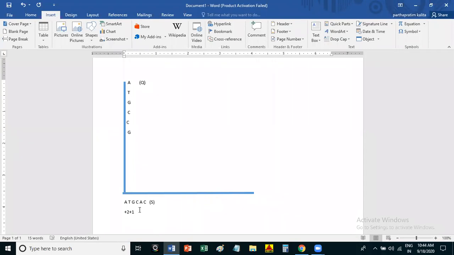In a DNA molecule, guanine and cytosine are always prominent, yes or no? Why? Because it gives stability to the DNA molecule. Because G and C have more hydrogen bonds.